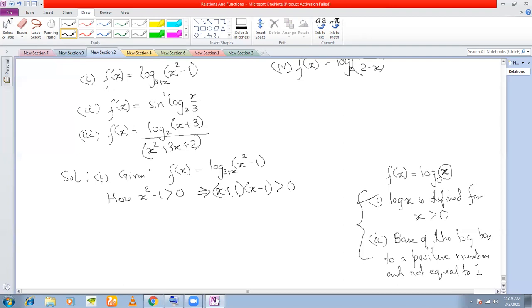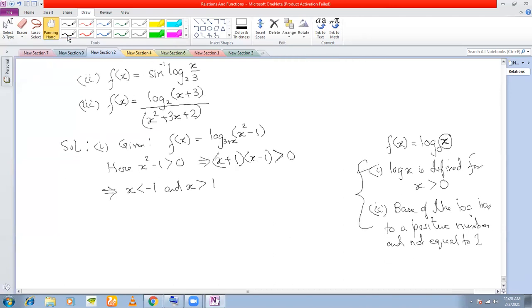Remember when I was doing quadratic inequalities, what did I tell you? If you have a greater than sign here, that means x is less than minus 1 or x is greater than 1, right? I told you this when I was doing quadratic inequalities.